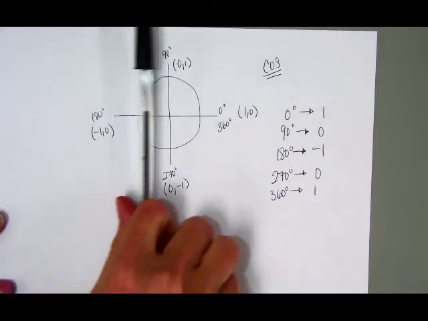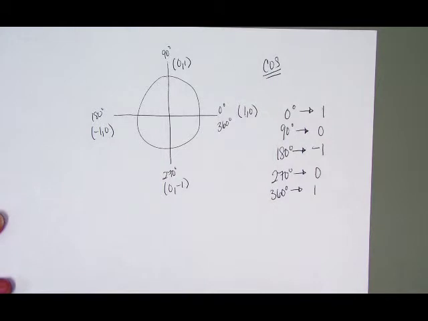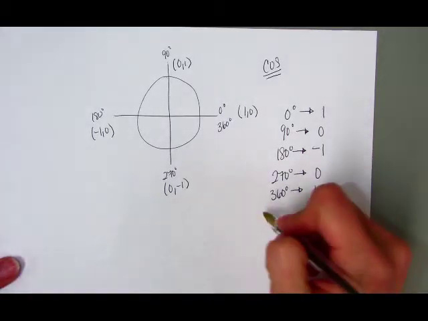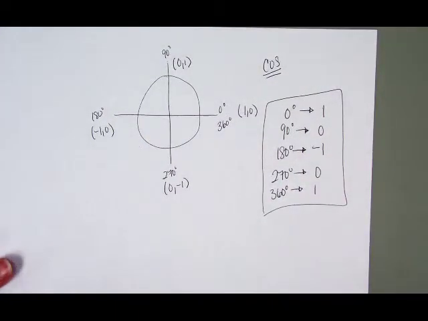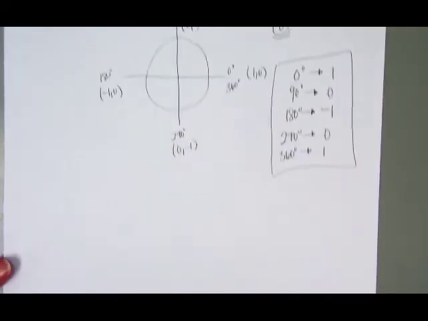Since my unit circle does not pass the function test, the vertical line test, I know I have to create a new graph from this information that will give me a graph of cosine that is a function. So I'm going to use this information that I extracted from my unit circle to create a cosine graph.